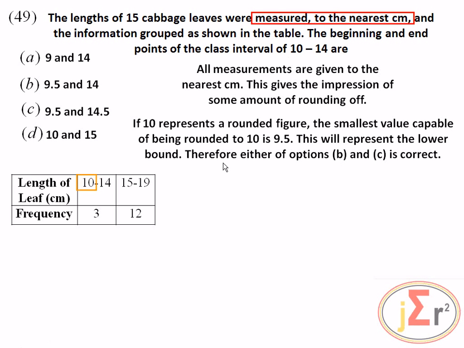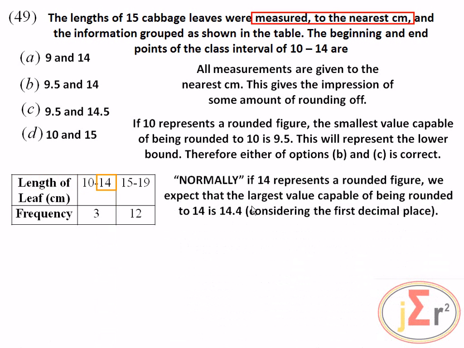What about the upper one? Normally, if 14 represents a rounded figure, we expect that the largest value capable of being rounded to 14 is 14.4, considering the first decimal place.